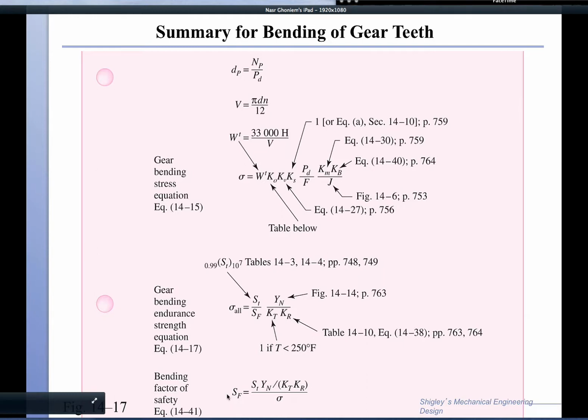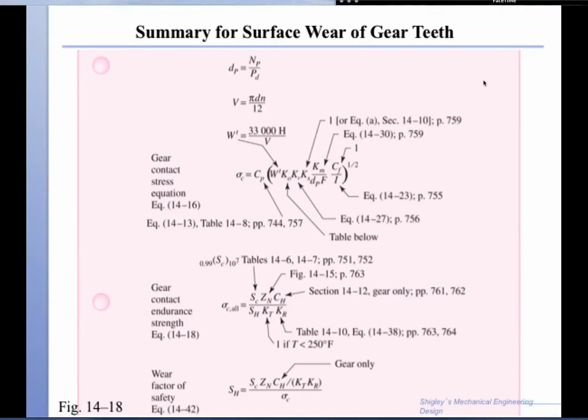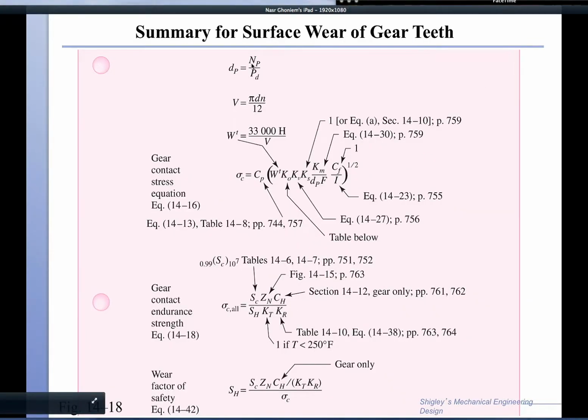And finally, we get a bending factor of safety consistent with the transmitted power. The same thing must also be done for surface wear of the gear teeth. Same procedure, but different variables, and we have complete equations to make these evaluations.